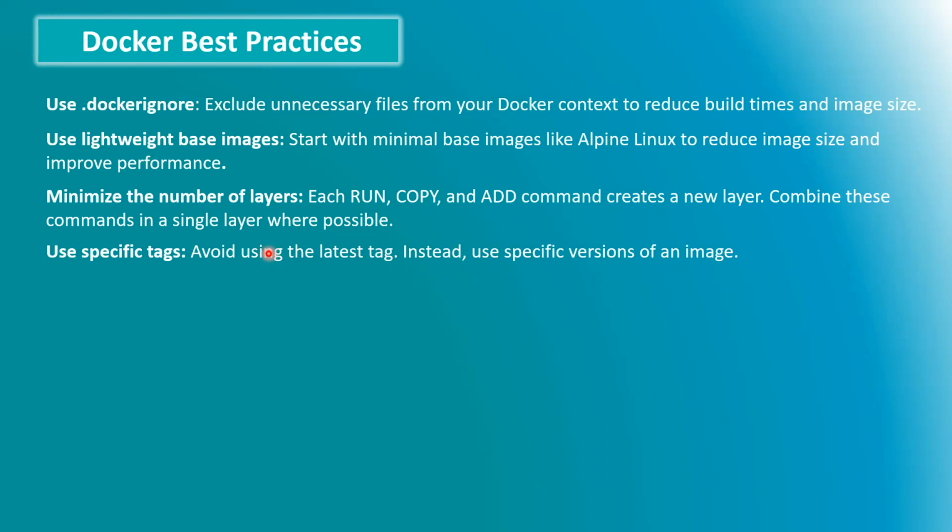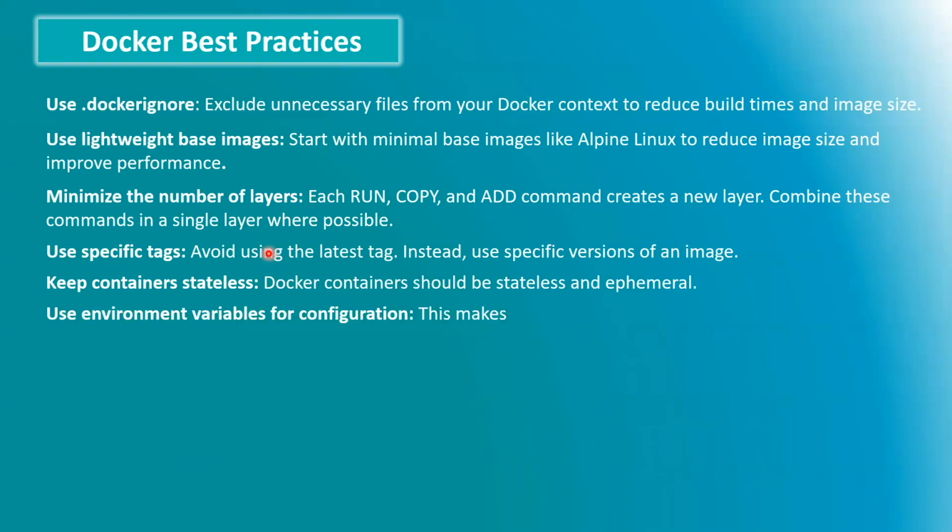And please do not use the latest version for production or critical application workloads, as the latest version can have non-remediated vulnerabilities. Next, keep your container stateless. Then use environment variables for configurations. If you have region specific configurations, then instead of hard coding the values, please use environment variables or parameters from parameter stores. Again, please do not hard code any configuration.